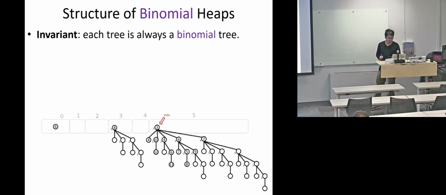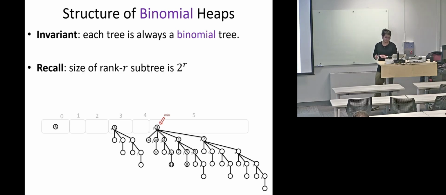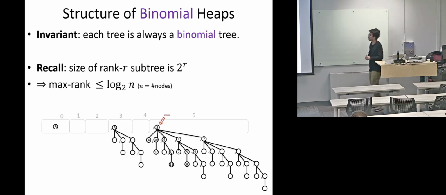And now recall the size of a rank R tree is just 2 to the R. So it means what? It means that the maximum rank will be at most log n. Why is that?